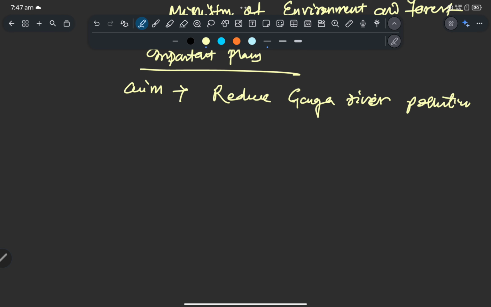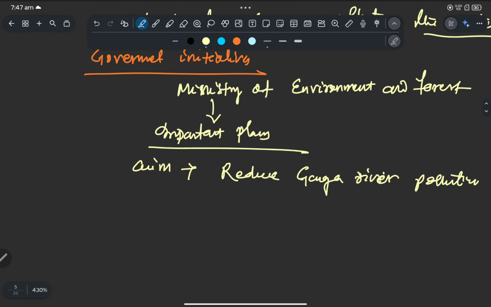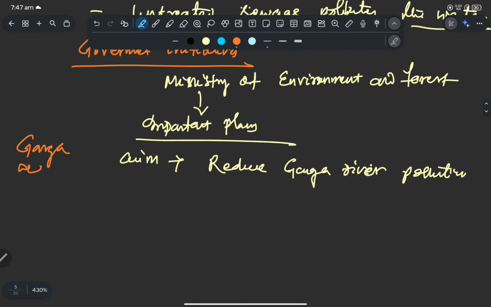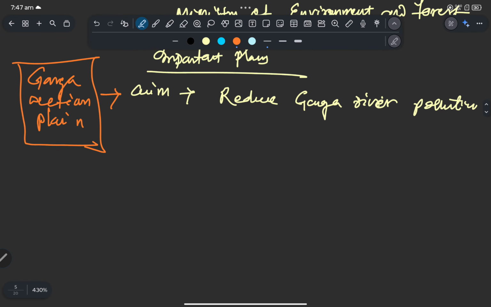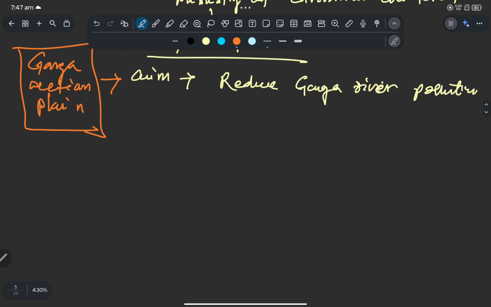Okay, so Ganga action plan, the important plan में ये है आपका, this is Ganga action plan. So the aim of Ganga action plan is to reduce the pollution of Ganga river.